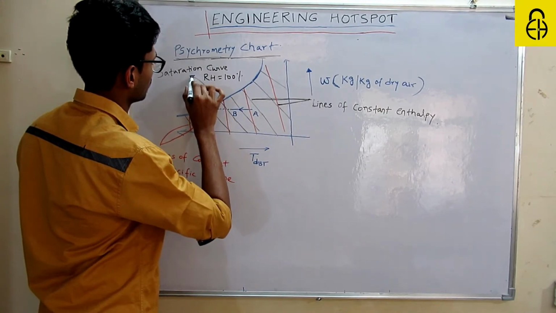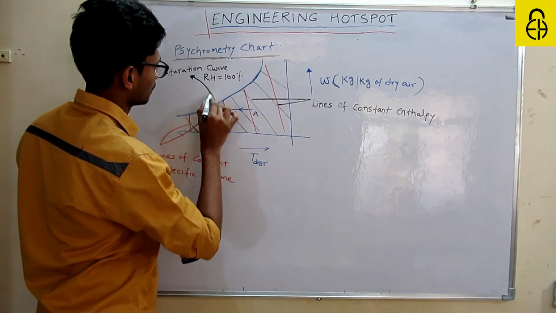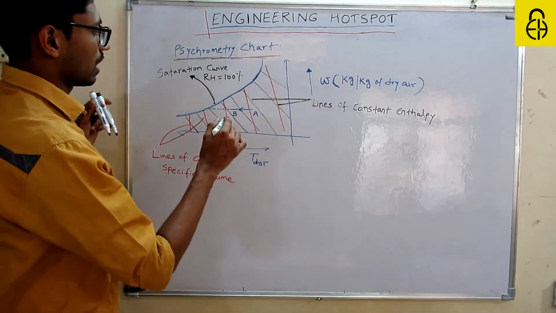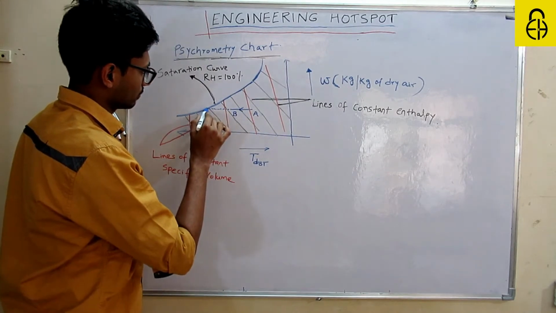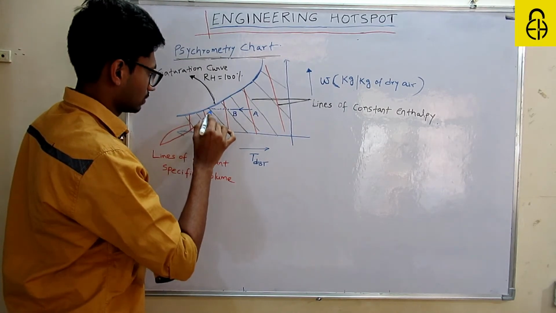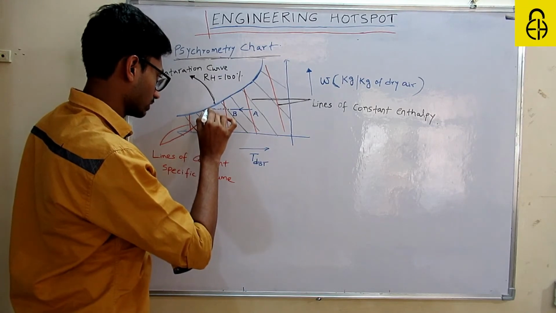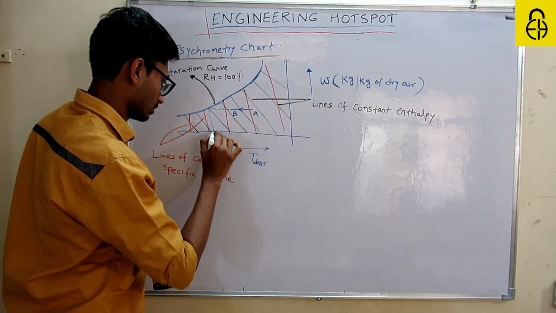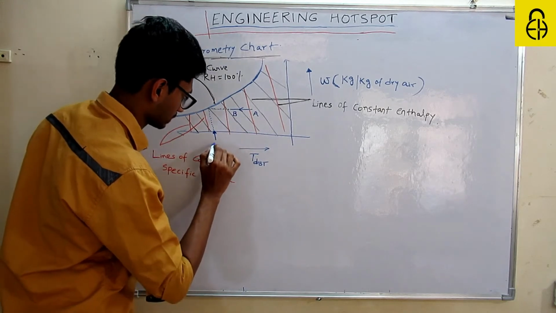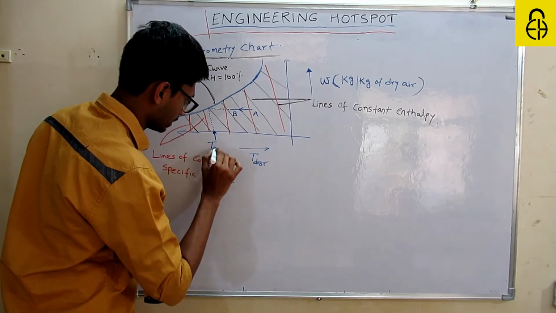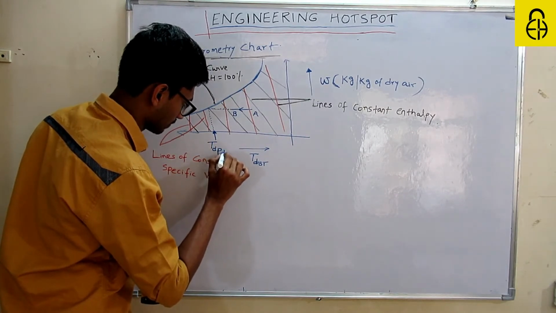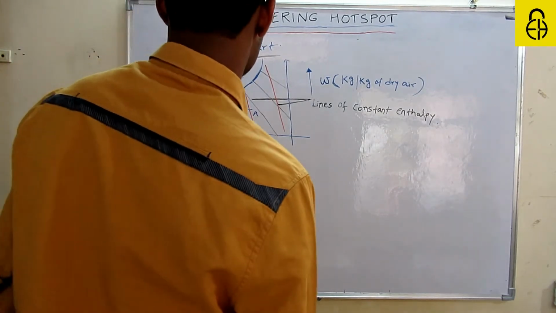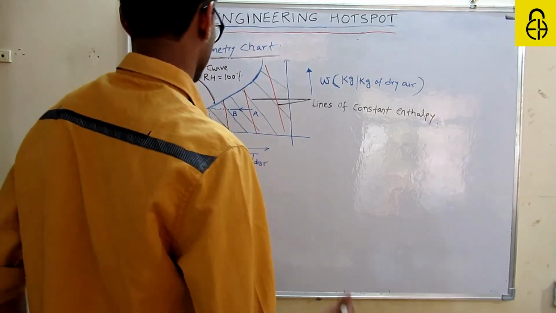Anywhere on this curve, the RH will be 100%. So I have projected this line toward this curve. If you project this point vertically downward, this temperature will be called DPT, dew point temperature.